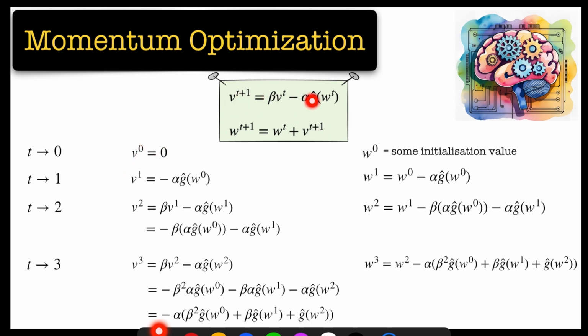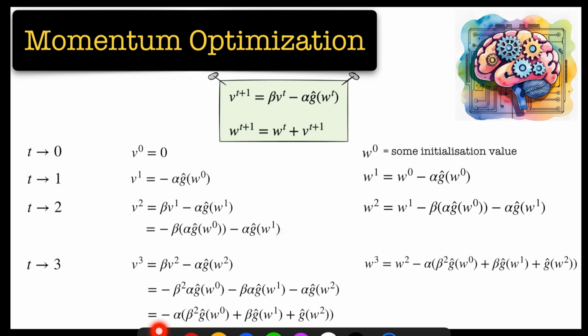V1 will be, using this formula, beta times V0 minus alpha times the gradient of iteration 0, so this is minus alpha times G hat W0. V2 will be, using this formula, beta times V1 minus alpha times G hat of W1. If you expand and simplify this, we get minus beta times alpha G hat W0 minus alpha G hat W1.